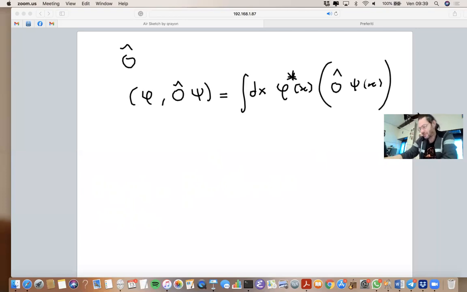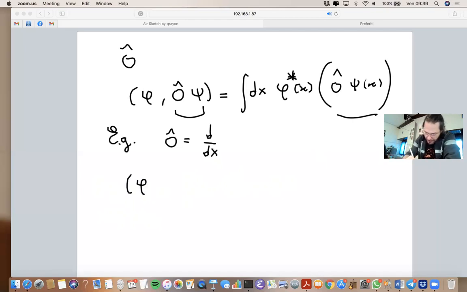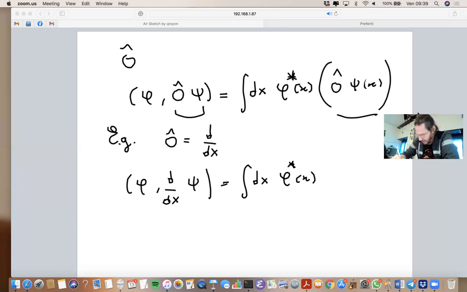And I put a comma to remind me that this was on the right. Let's take an example. Let's say O is the derivative. Then (phi, derivative psi) is nothing but the integral of phi star of x d by dx psi of x.